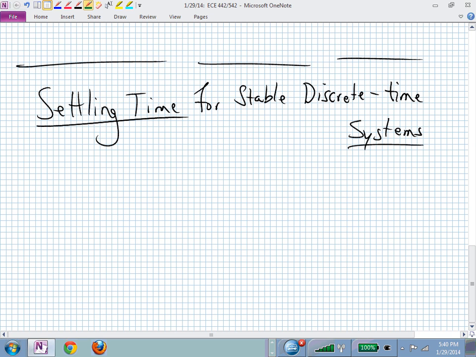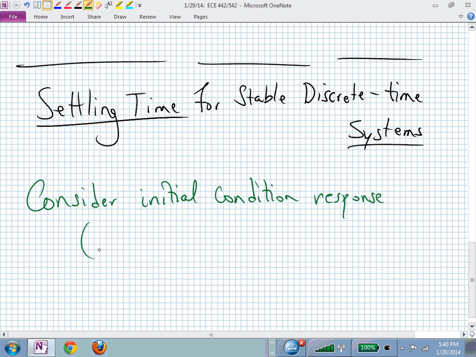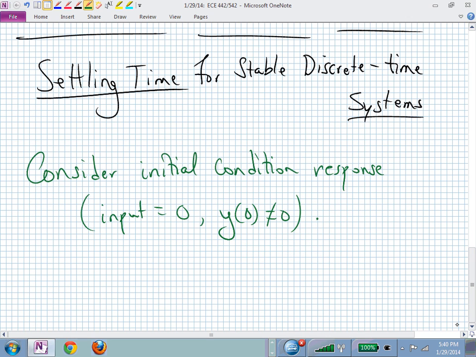We'll just do an initial condition response, which really says that we don't have any input. And if our response variable is y, we do want an initial condition that's non-zero. That would give us a trivial result if we said, what's our system going to do if I start at 0 and I don't excite it? Hopefully you know that it's going to stay at 0. It's just going to sit there at 0.